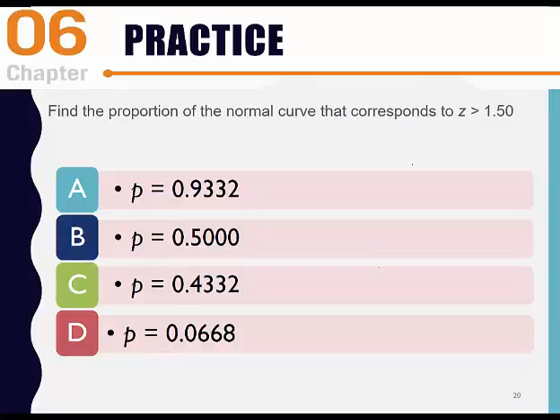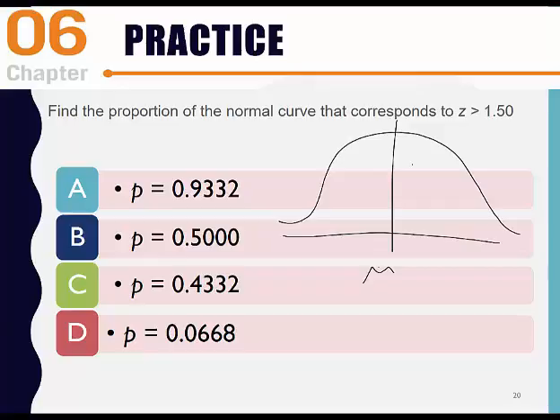Let's do another practice. Find the proportion of the normal curve that corresponds to a Z-score that's larger than 1.50. Please pause the video to solve this problem. Again, start with a rough draft. This is a normal curve distribution.